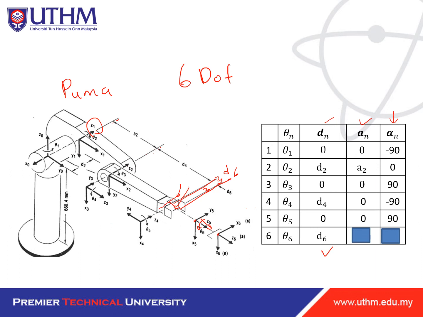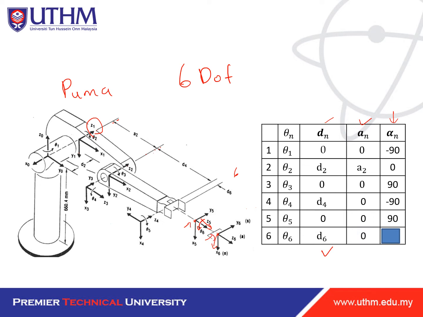Now we want to find the a6. The a6 parameter is the movement along x6. Do we have any movement from this point here to here? There is no movement, so 0.